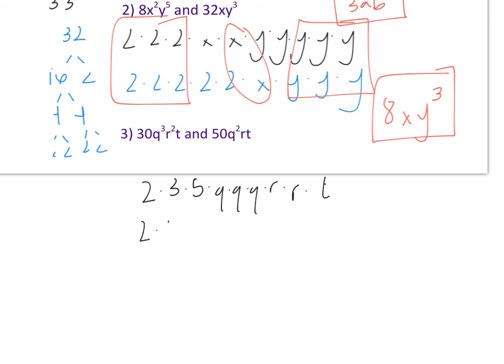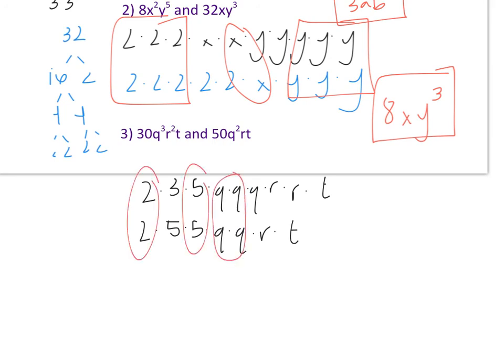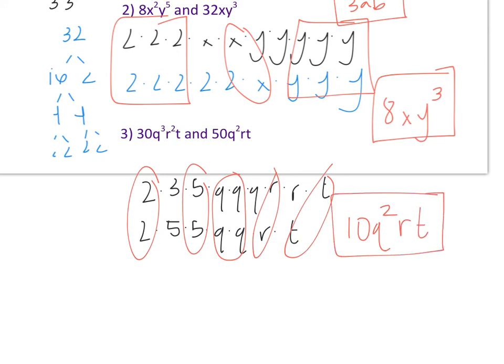So 2 times 5 times 5, and then q, r, t. And what the two have in common would be a 2 and a 5 and 2 q's, an r, and a t. So this would be 10q squared r t. And that would be the GCF there of number 3.